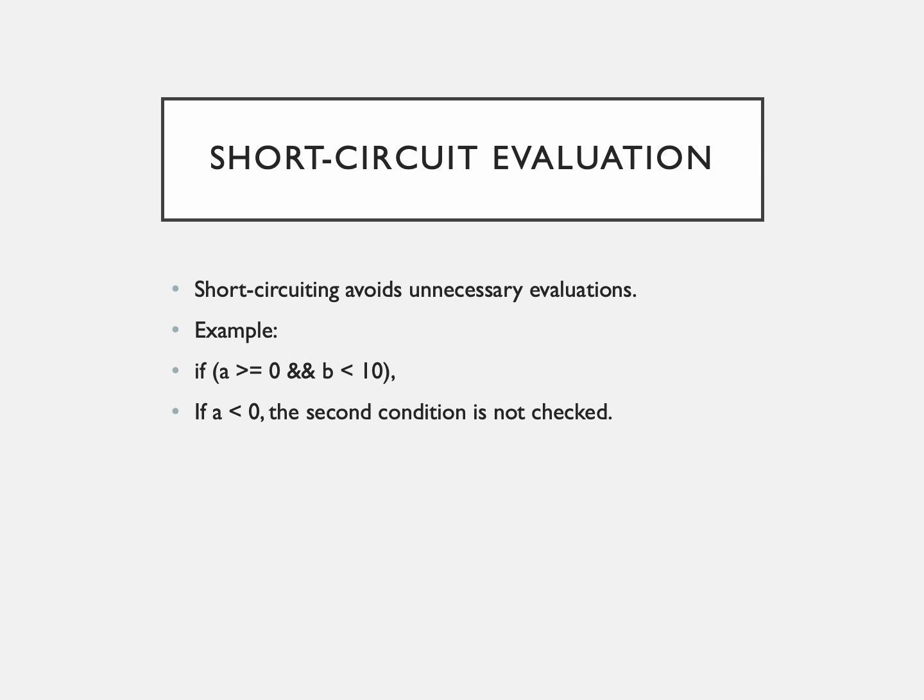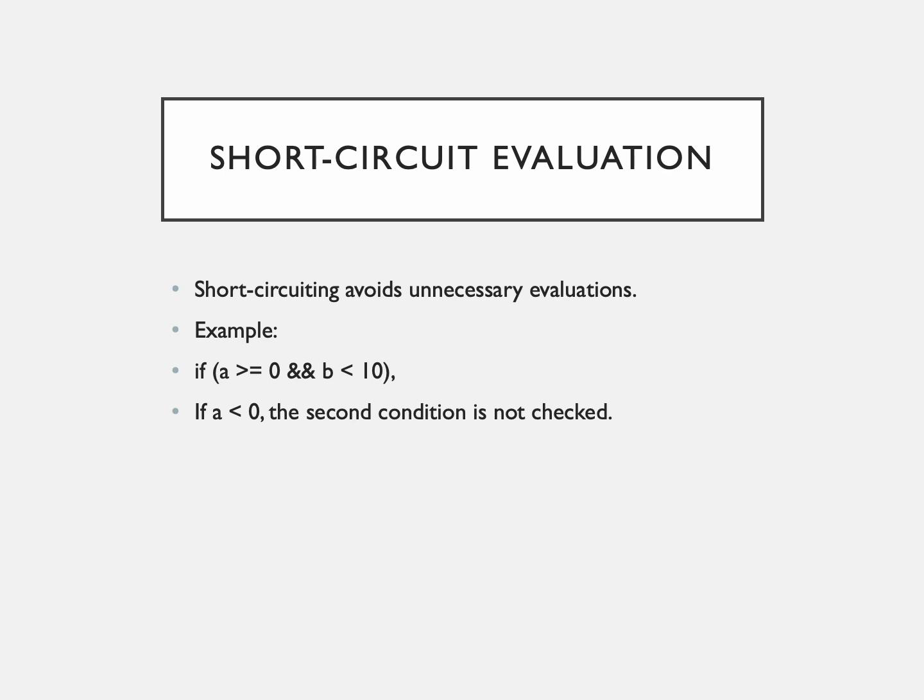For example, take the condition a greater than or equal to 0 and b less than 10. If a is less than 0, the first part of the condition is false. Since an AND operation requires both sides to be true, the program doesn't bother checking whether b is less than 10. That's short circuiting in action. It saves time by not evaluating the second condition if the outcome is already determined.